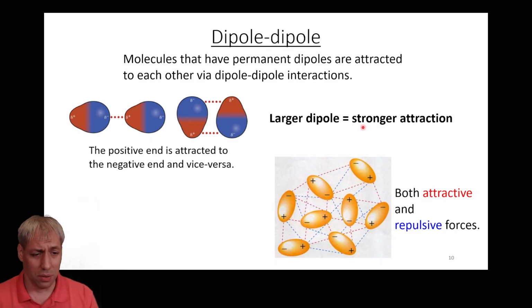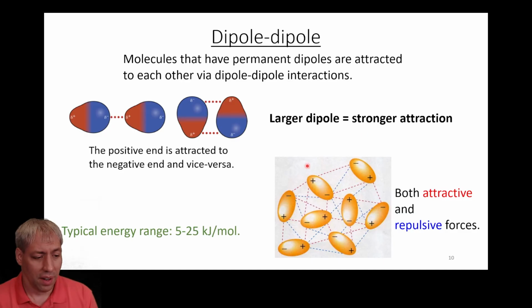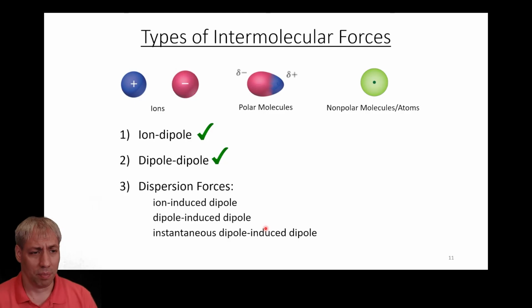And that's what it's trying to do with dipole-dipole attraction. And so this one is less energetic than, say, an ion dipole. It's not as centrally charged as, say, a cation or an anion, but it's still electrostatic. And so it's weaker than ion dipole, but still relatively strong. It takes 5 to 25 kilojoules per mole to break this electrostatic interaction between dipole moments of molecules.